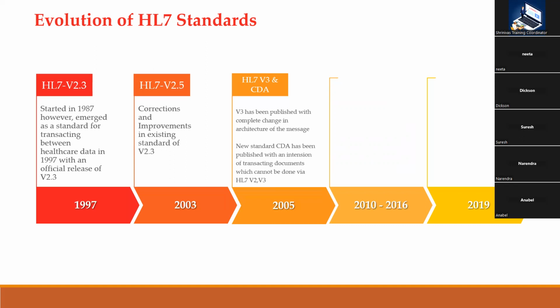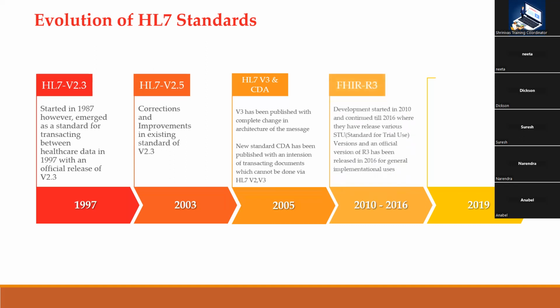And then after that, we had a new standard, which is called FHIR, that got kicked off in 2010. It started as trial use, and then slowly a lot of people and communities contributed to improving FHIR. Okay, 2016 marked the major release of R3, and then 2019.